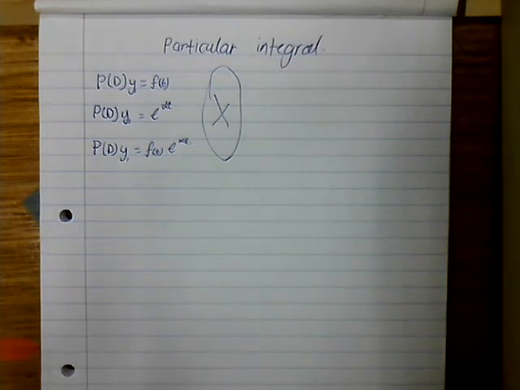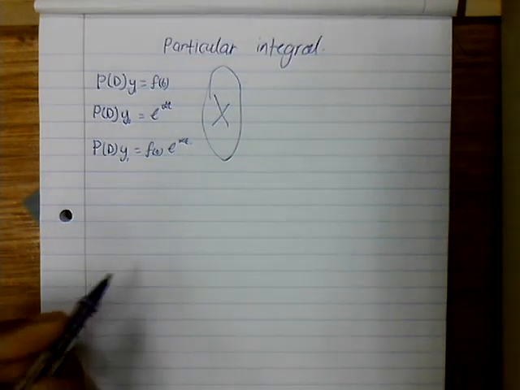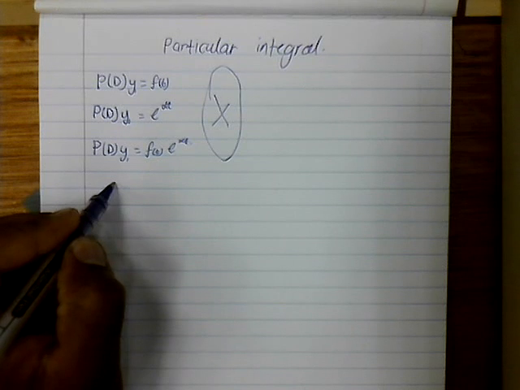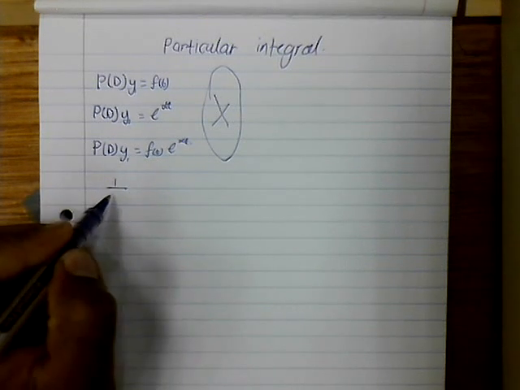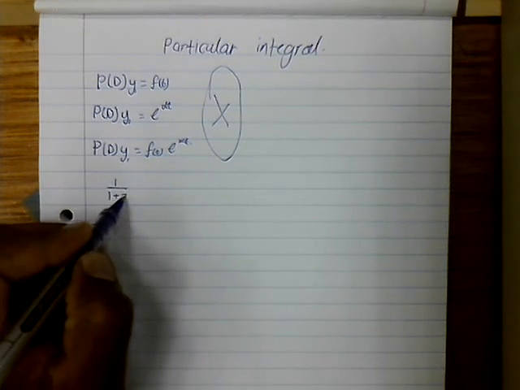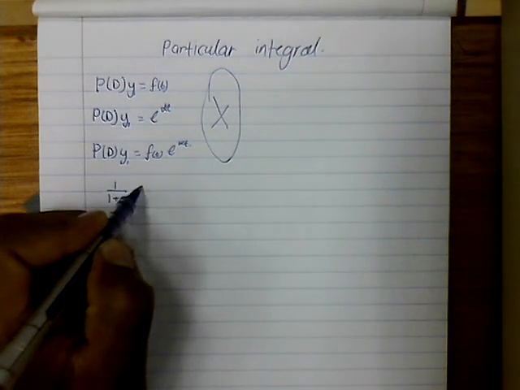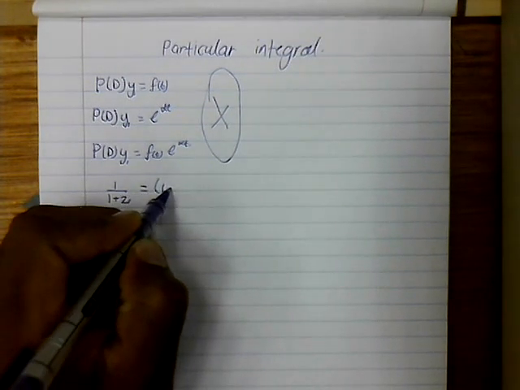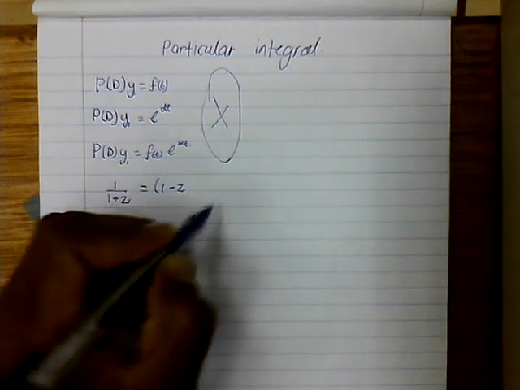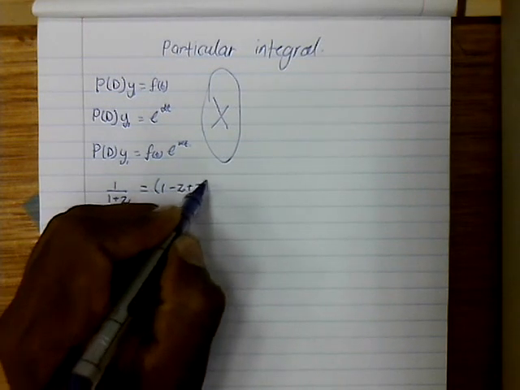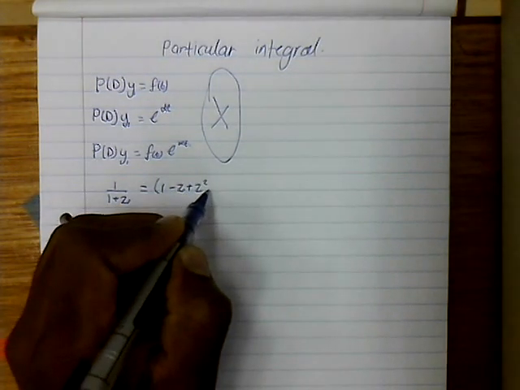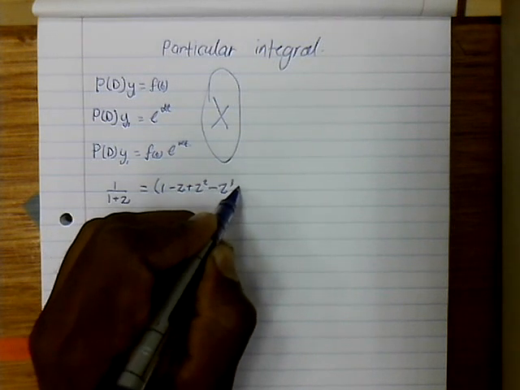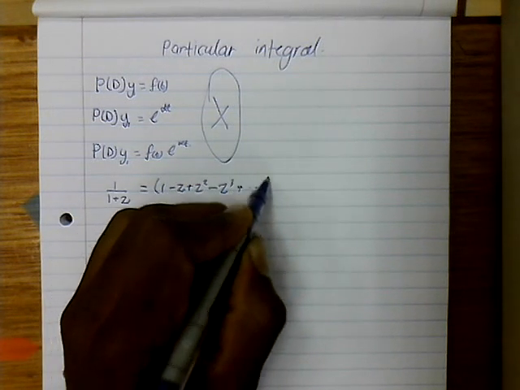In grade 6, we were told that we can solve 1 over 1 plus z as 1 minus z plus z squared minus z cubed plus, and so on and so on.